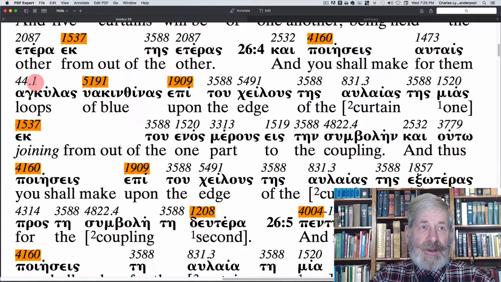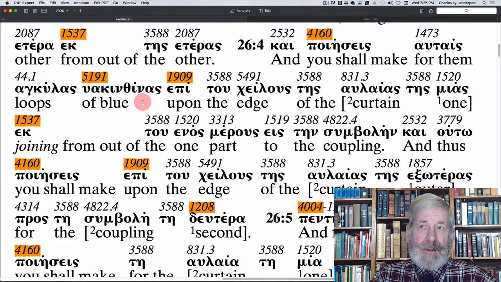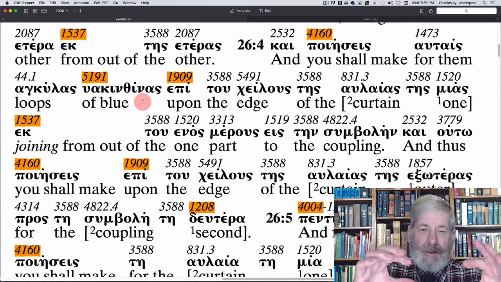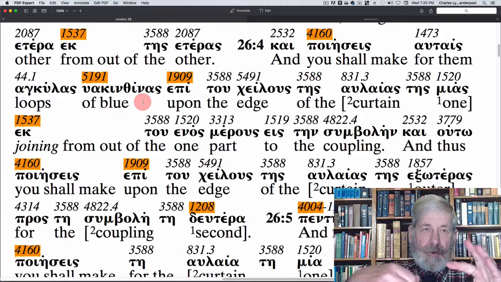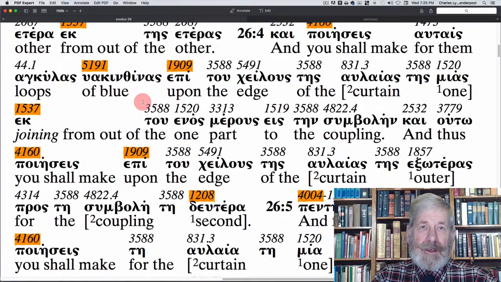First instance, we have an ankle, a loop, and ankyla comes from that. A hoop, loop of blue. So there was some kind of a woven hook where they could put a hook in it, put them together.